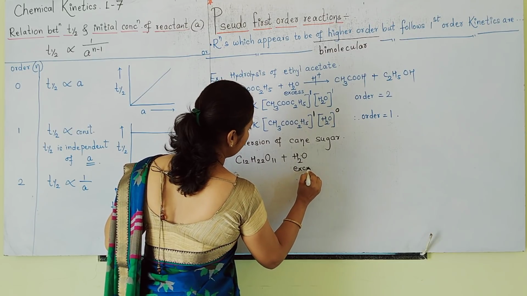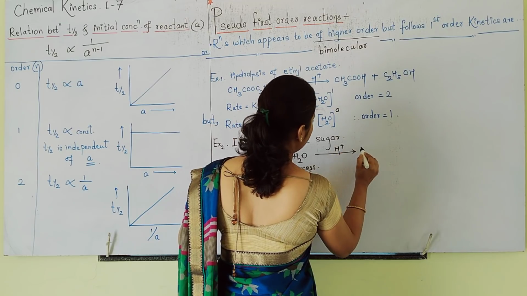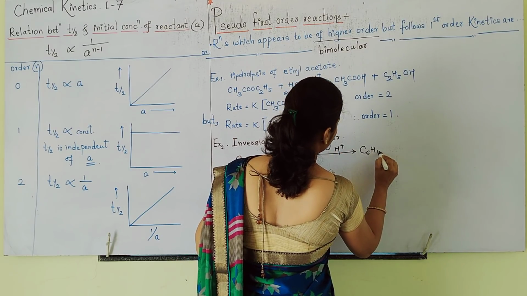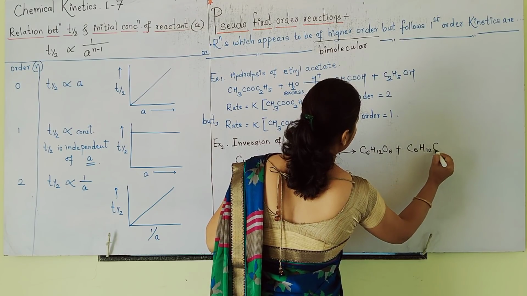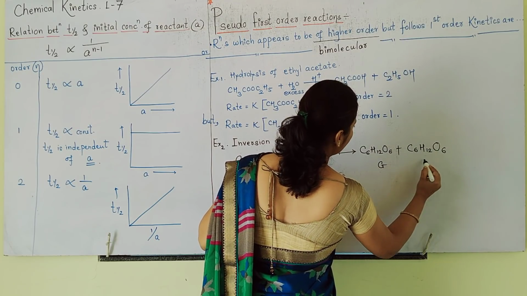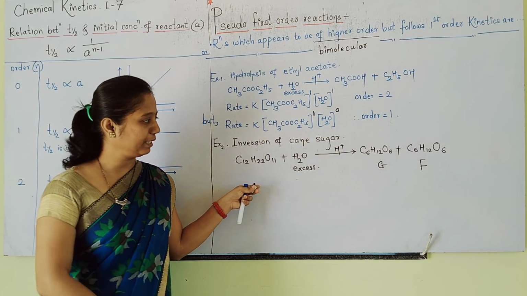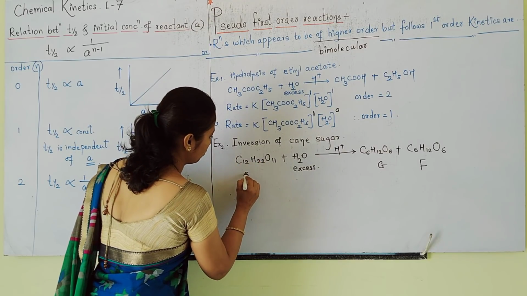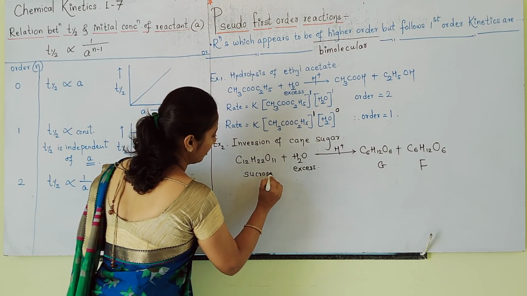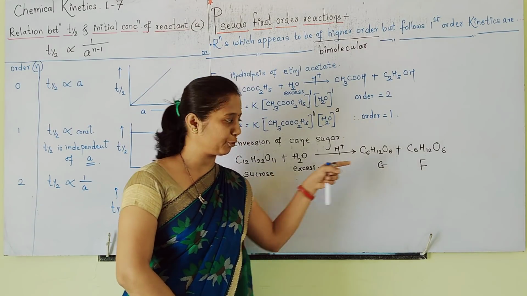Water is again added for inversion. The reaction takes place in acidic medium. One glucose molecule is formed and one fructose molecule is formed. Everybody will know this reaction. Sucrose, this is cane sugar. After inversion, it breaks to give one glucose molecule and one fructose molecule.